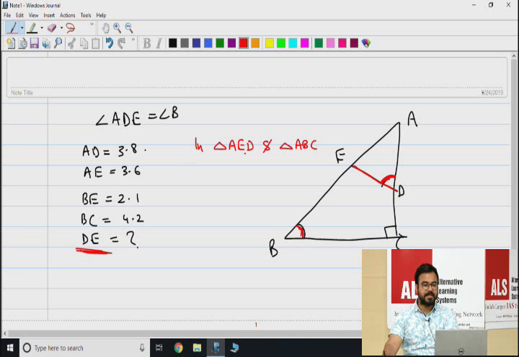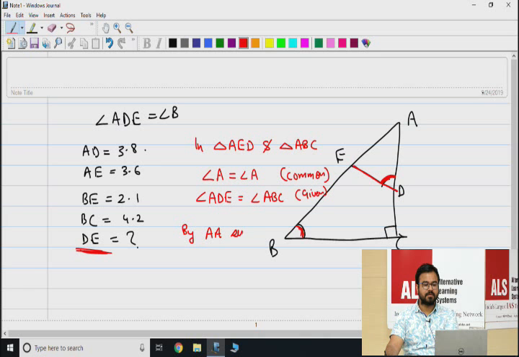In AED and ABC, angle A is equal to angle A. This is common. And second, angle ADE is equal to angle ABC. This is given. Now, two angles are equal, so by angle similarity, we can show that these two triangles are similar.